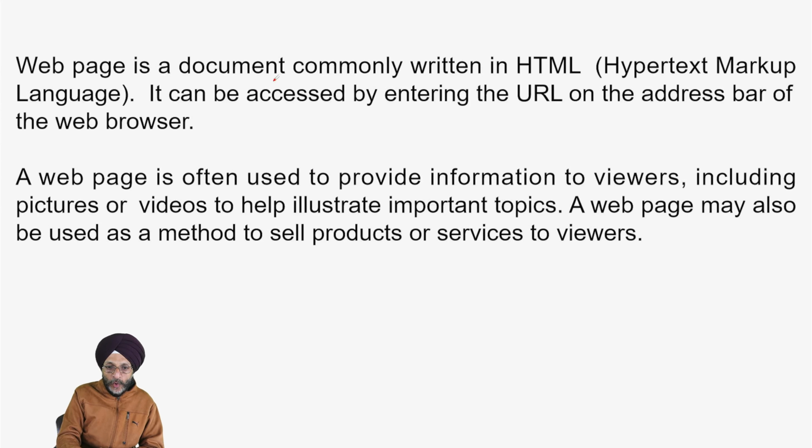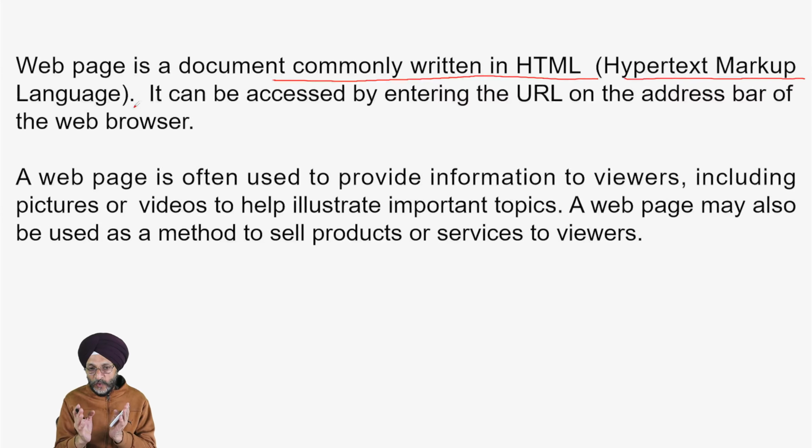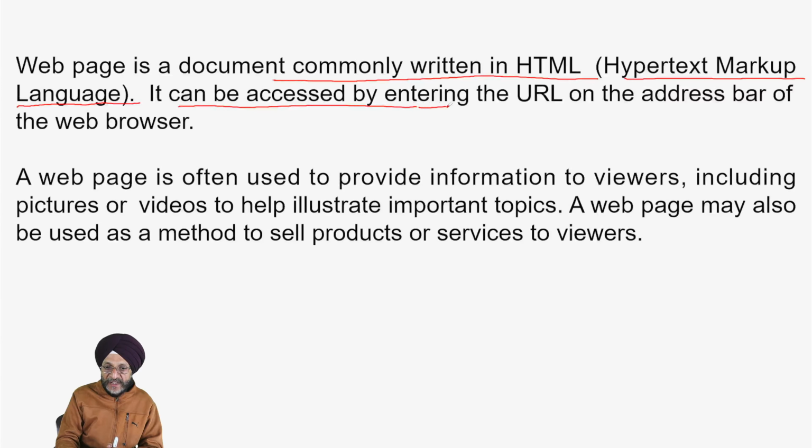A web page is a document commonly written in HTML. There may be a question in the exam: what is the full form of HTML? The answer is Hypertext Markup Language. A web page can be accessed by entering the URL in the address bar of the web browser.